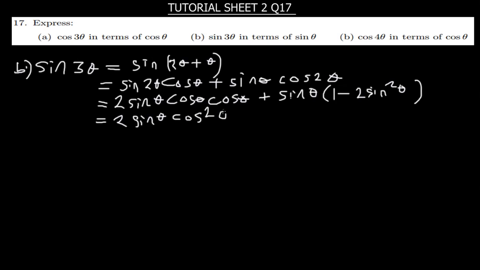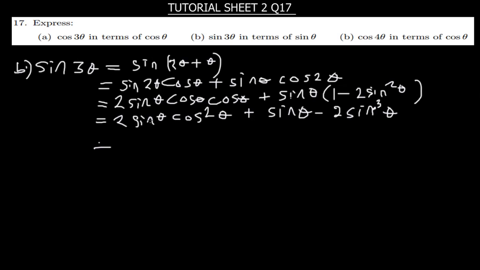So let me first write it the way it is. Then we expand this side. We're going to have sine theta times 1, you get your sine theta there. And then sine theta multiplied by negative 2 sine squared theta, you get your negative 2 sine cubed theta.